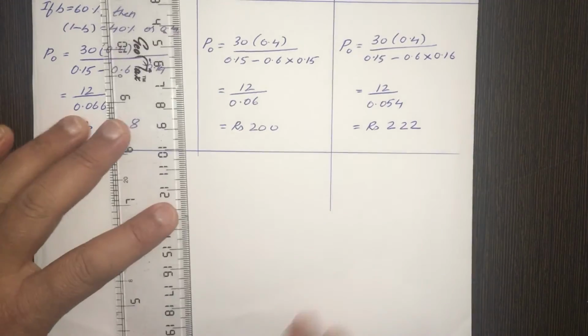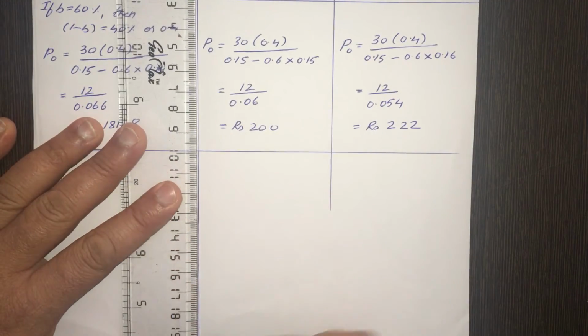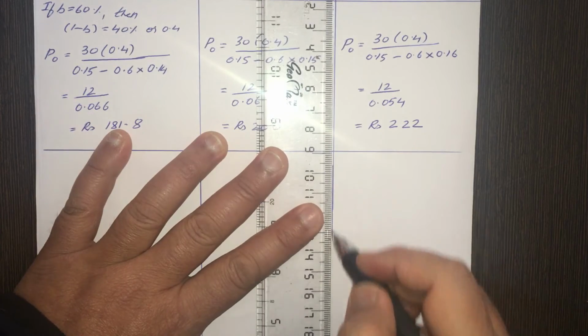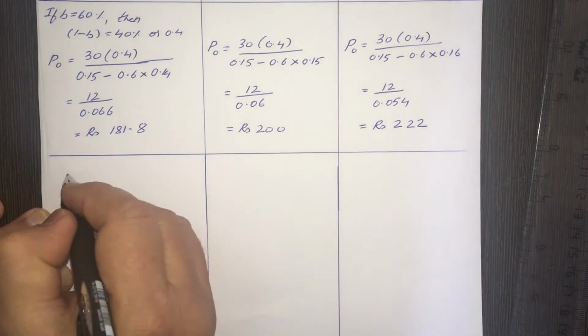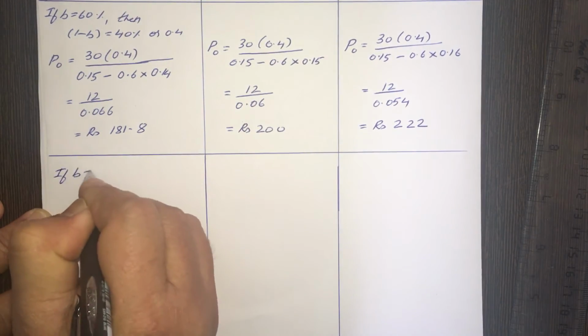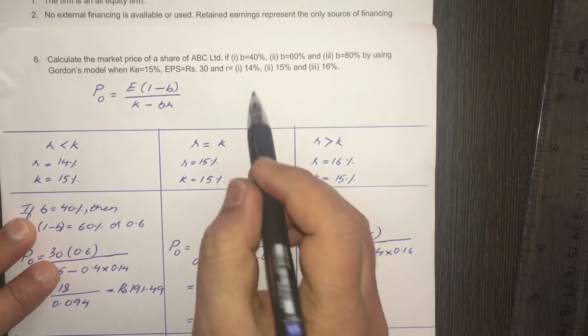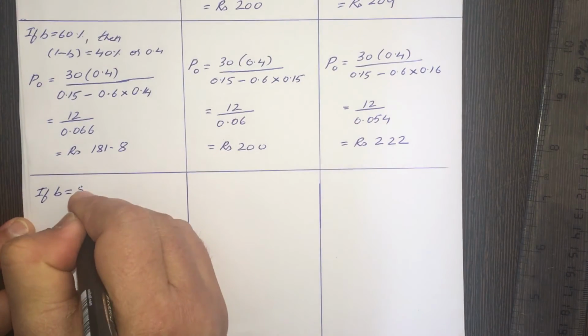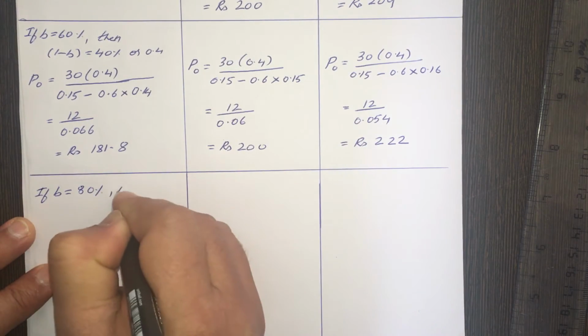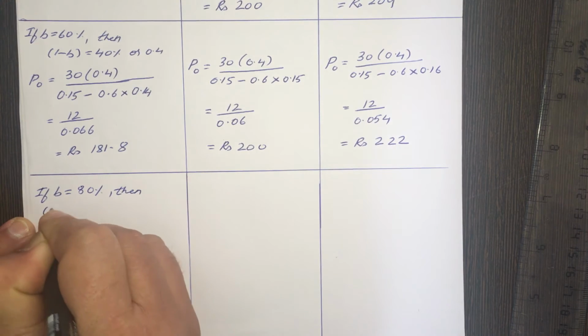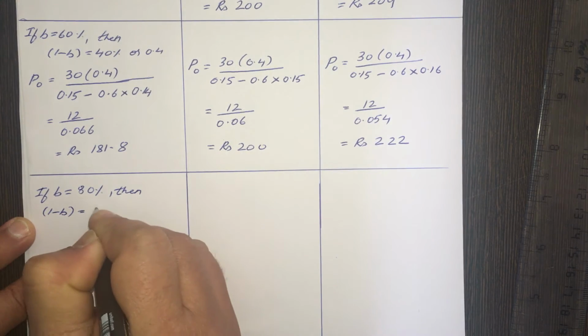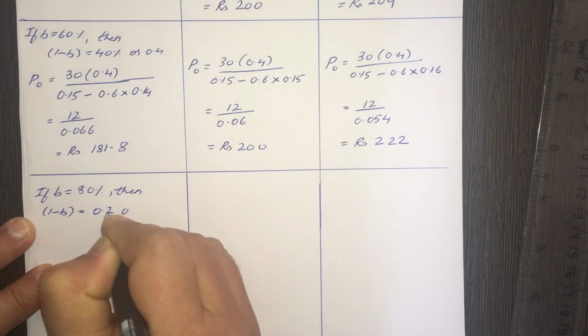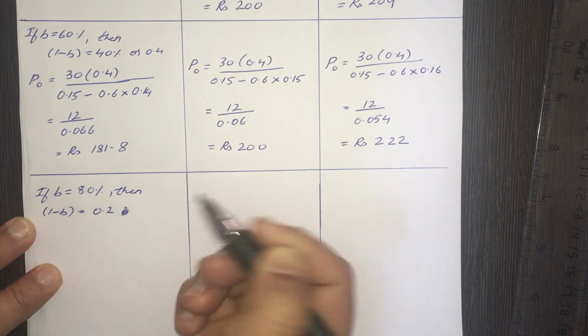Okay, and the third one, we are done with 40%, 60% and 80%. Then 1 minus B will be 0.2, alright, 20% or 0.2, it's the same thing.